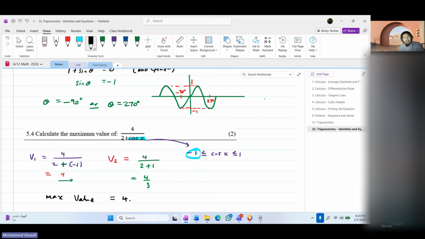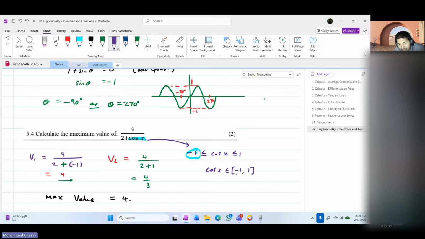And the maximum value occurs at -1. Okay? Because that's the range of cos. You have to work out both the values and look at the endpoints of the cos graph. Remember, cos x is an element of -1 to 1.